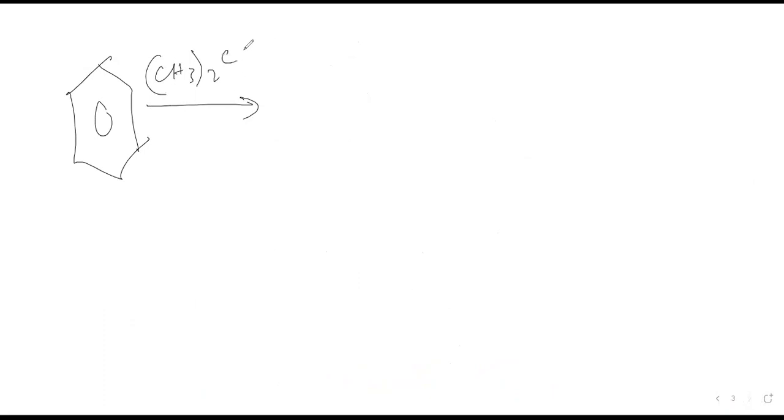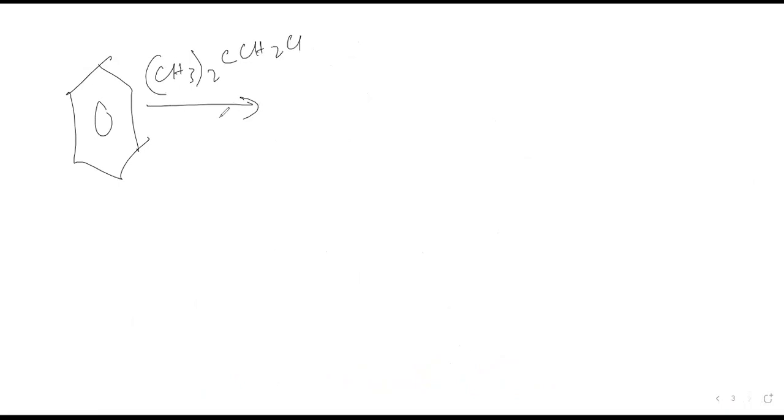Let's do a few more examples. Yeah, we can do 2 more examples. So let's say initially we have this benzene ring or benzene molecule. Okay, now we have added, let's say, CH3, then we have C, then CH2Cl.